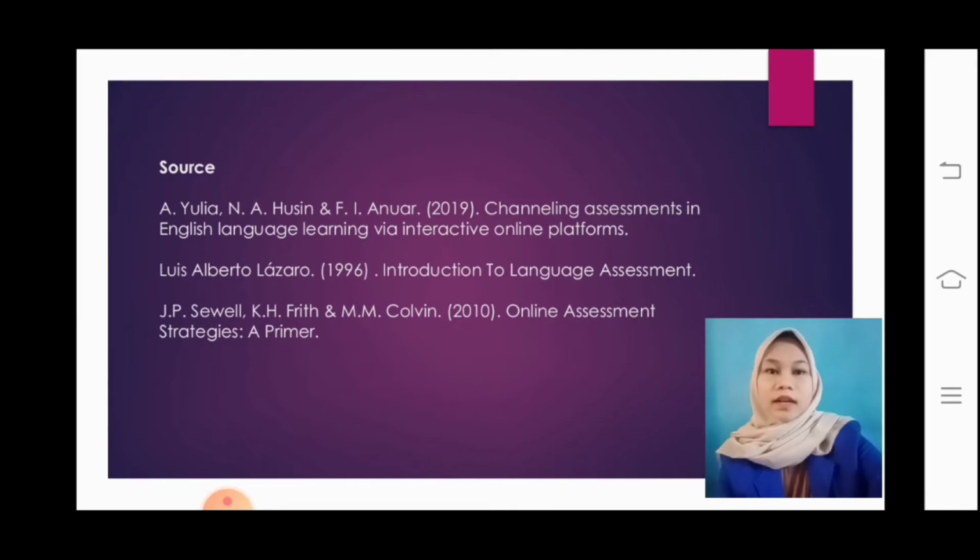And then the second one is Introduction to Language Assessment, written by Luis Alberto Lazaro in 1996. And then the third one is Online Assessment Strategies, a Primer, written by John P. Sewell, K. H. Breed, and M. Colvin in 2010.